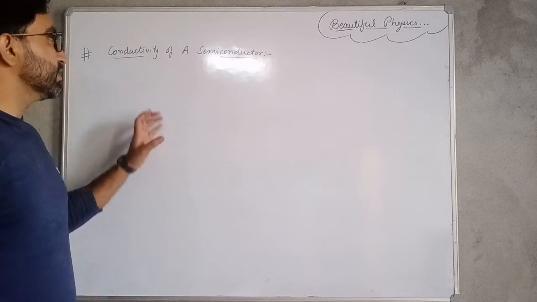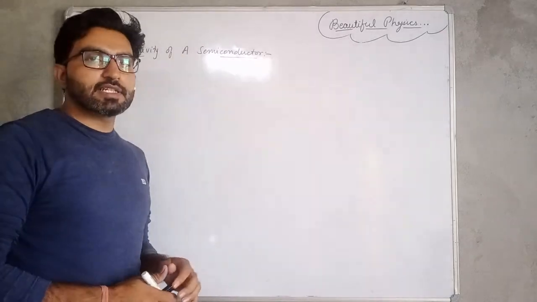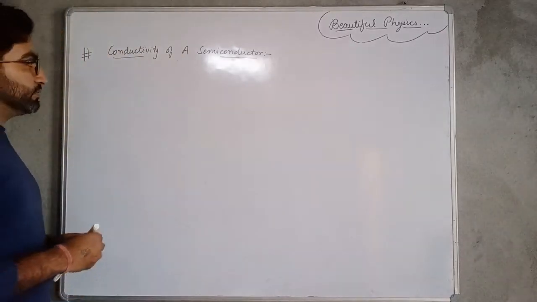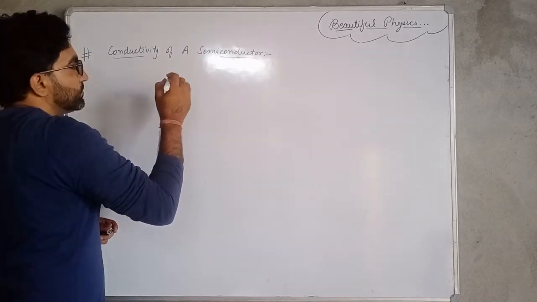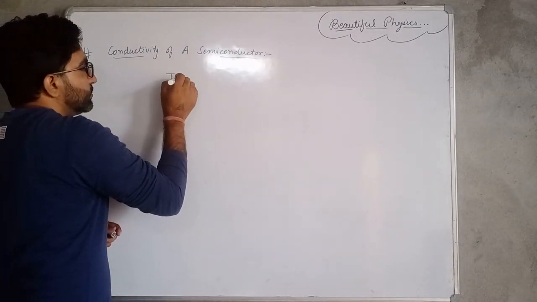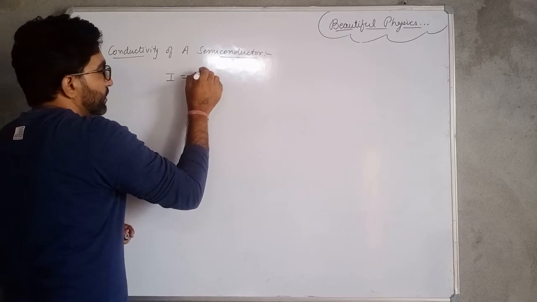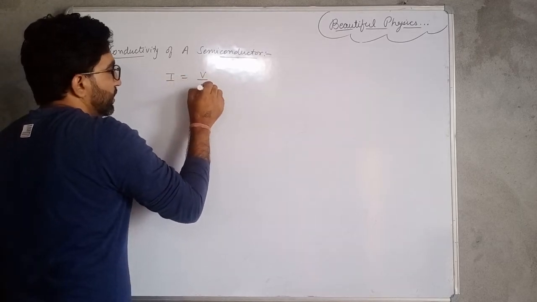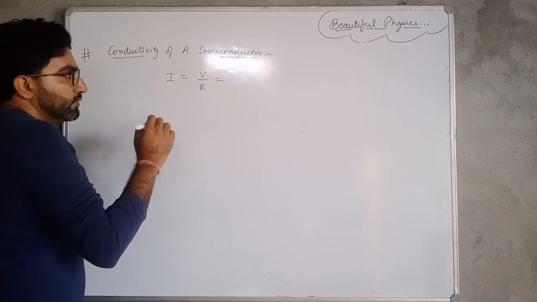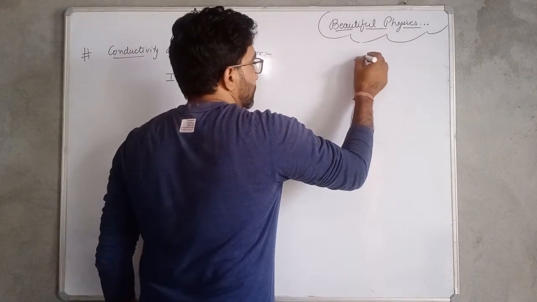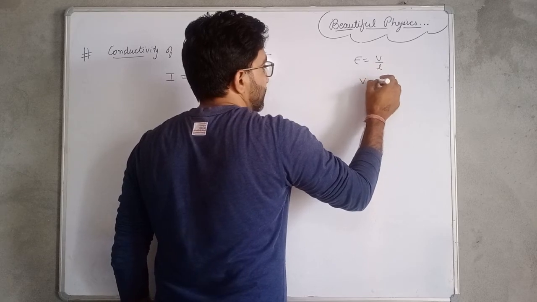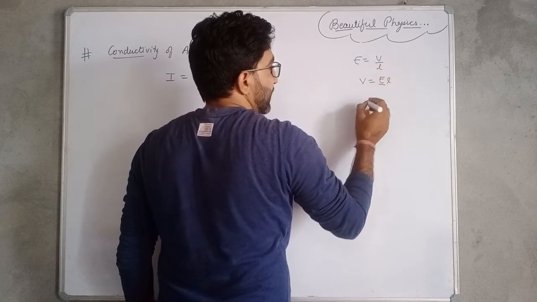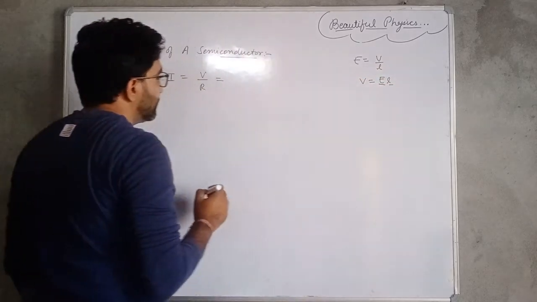Next is the relation for the conductivity of a semiconductor. We know that the current I = V by R, and from the relation E = V by L, we can write V = E L, where E is the electric field and L is the length of the conductor.